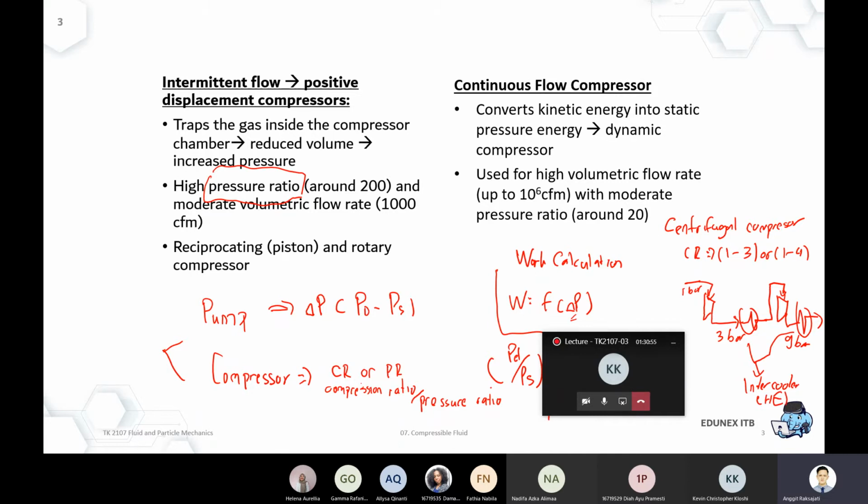Why? Because the temperature increases. You don't have it in a pump. In a pump, it doesn't matter. You can go straight, because if it's 30 degrees C, it's still going to be around 30 degrees C over here, and over here, and over here.